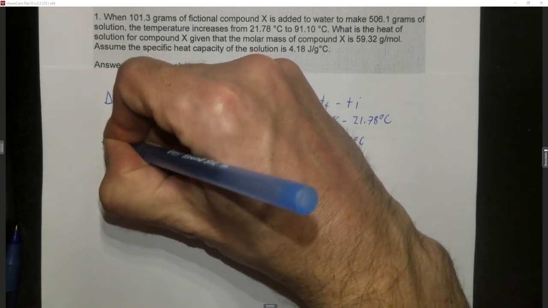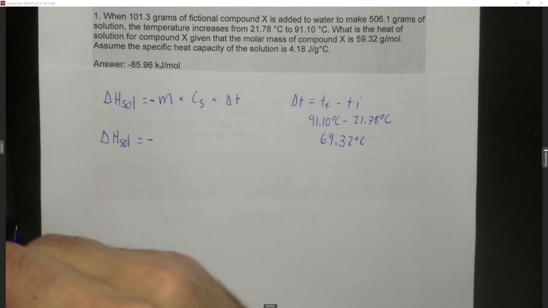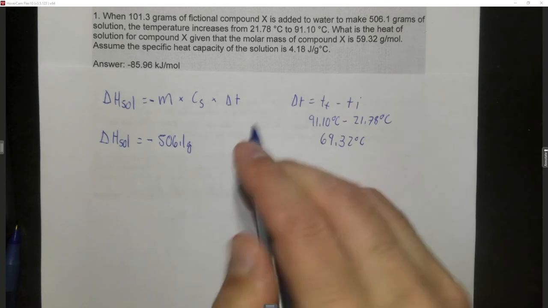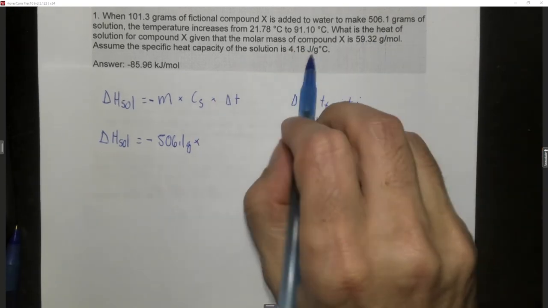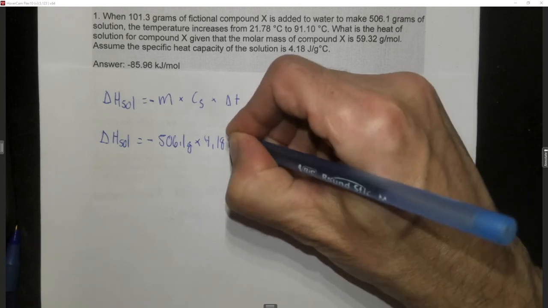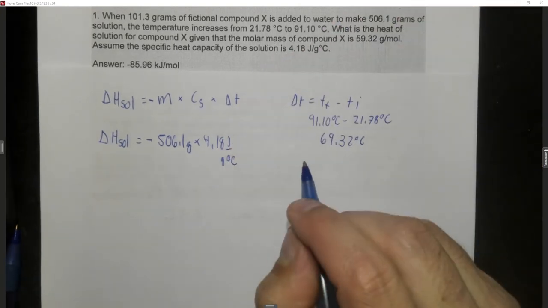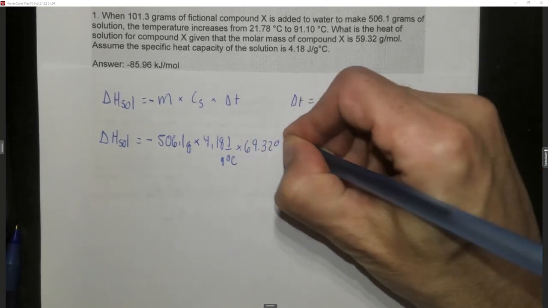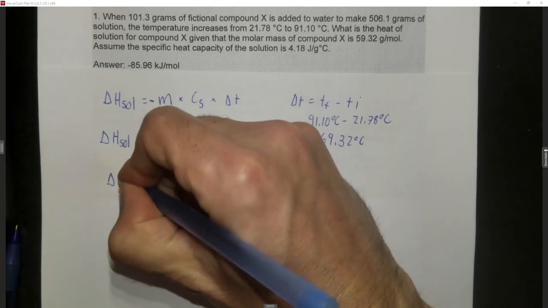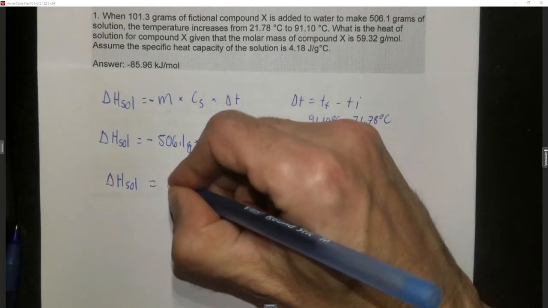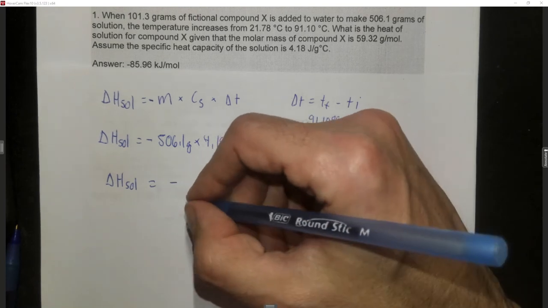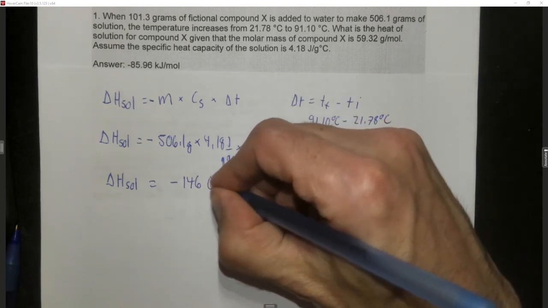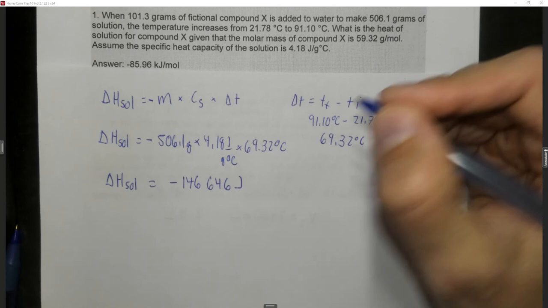Now we can find delta H of the solution. So the delta H of the solution is equal to negative the mass, which is 506.1 grams, the mass of the solution, times the specific heat capacity of the solution, 4.18 joules per gram degrees C, times the change in temperature that we just found, 69.32 degrees C. And when we do all that math, we find that the delta H of the solution is equal to negative 146,646 joules.